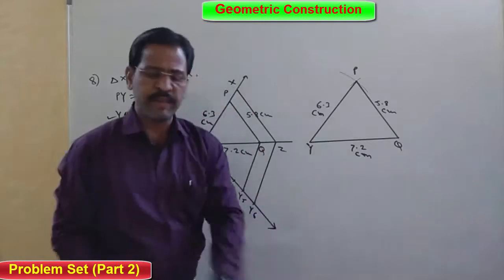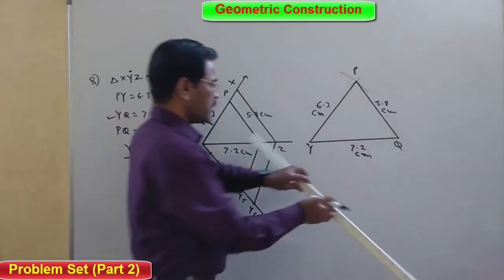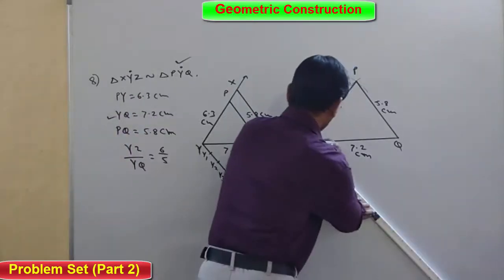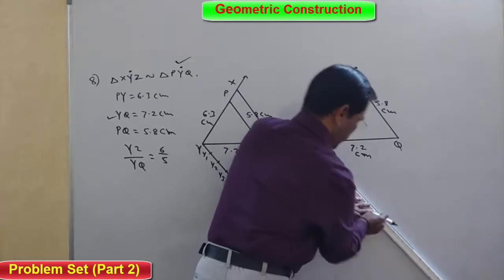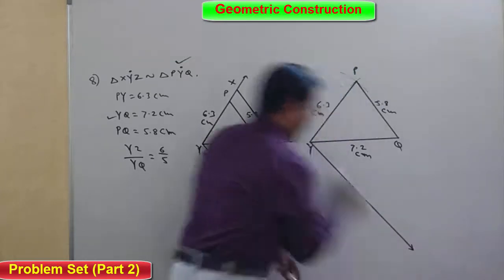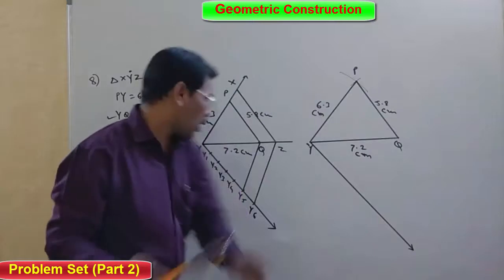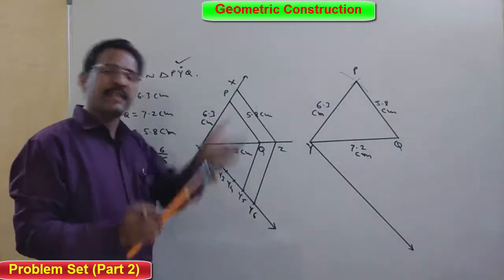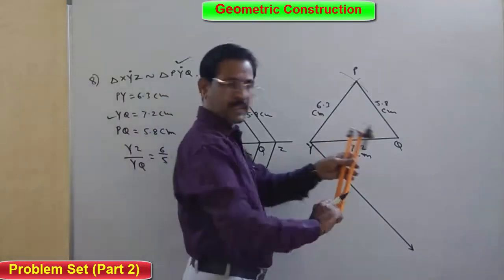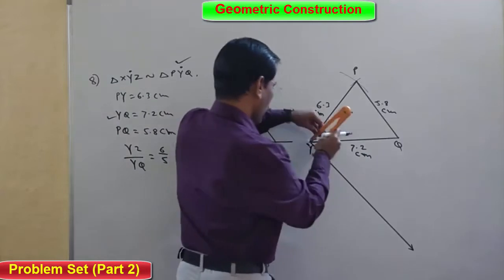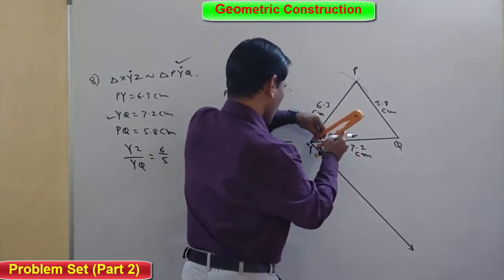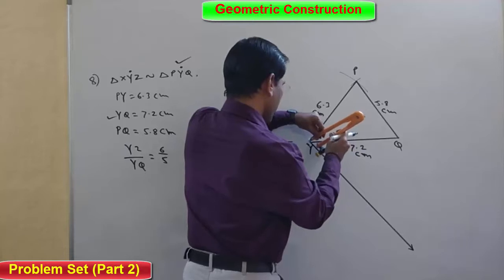So just by the previous method, in this way, we have to draw first 5 parts and then the 6th one. So we'll take some distance in compass. From Y, try to draw the arcs here of equal length.